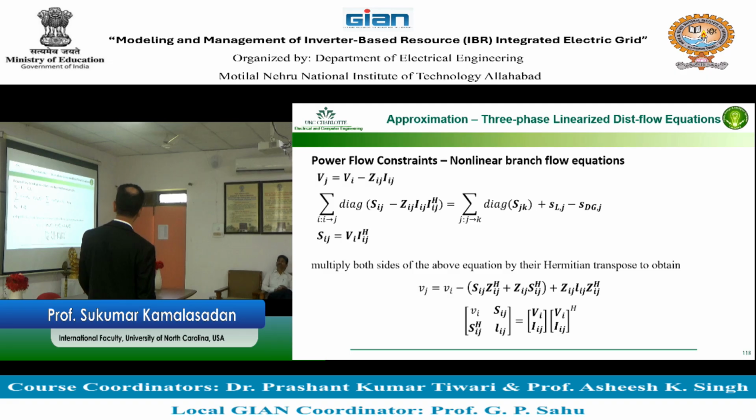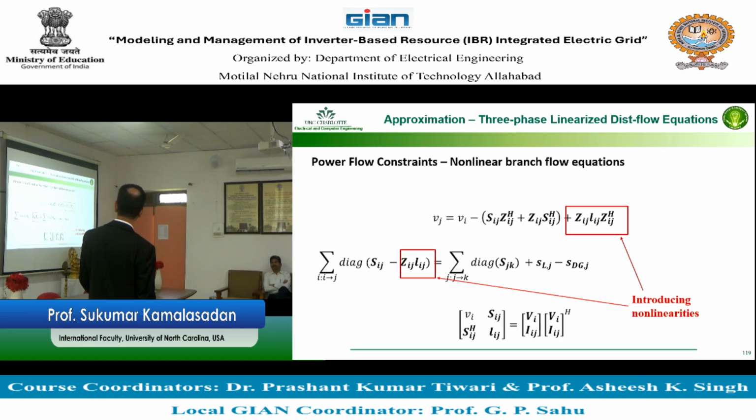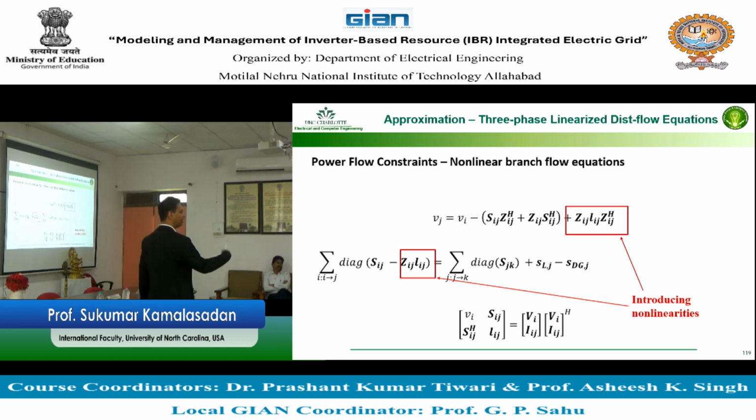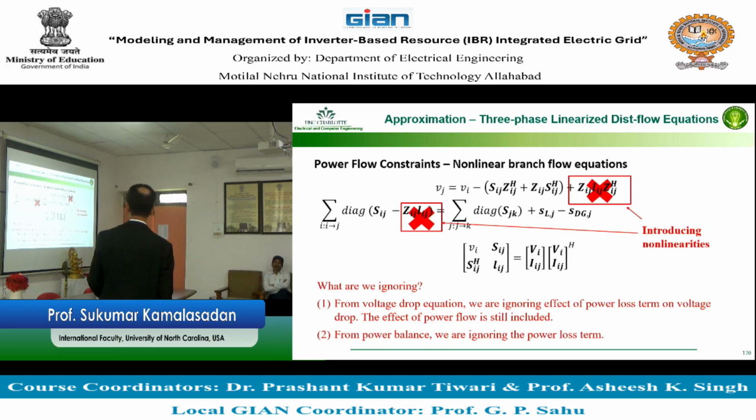You see right here, this is S, Z, and Z, L, Z. This L is what we write as I, I Hermitian, written as L. So you see this is the one that introduces the nonlinearity. Are you following? Any square term introduces nonlinearity. These other two terms do not introduce nonlinearity as far as the problem is concerned.